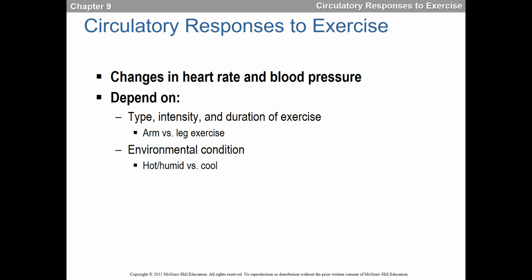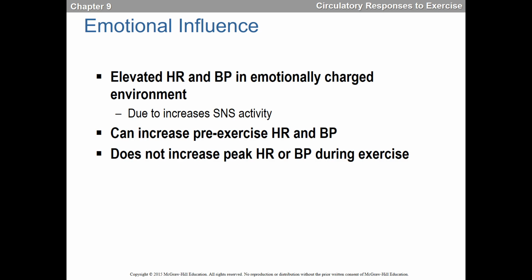So whenever we have a slowly increasing heart rate, slowly declining stroke volume due to plasma volume loss in sweat, that's kind of what's going on to maintain cardiac output.